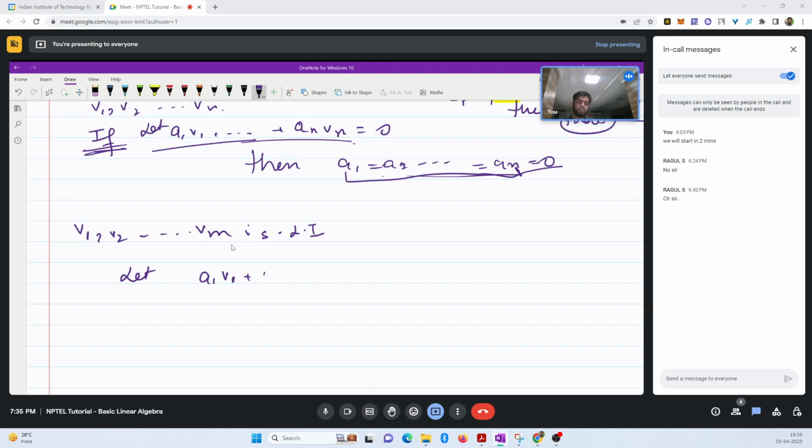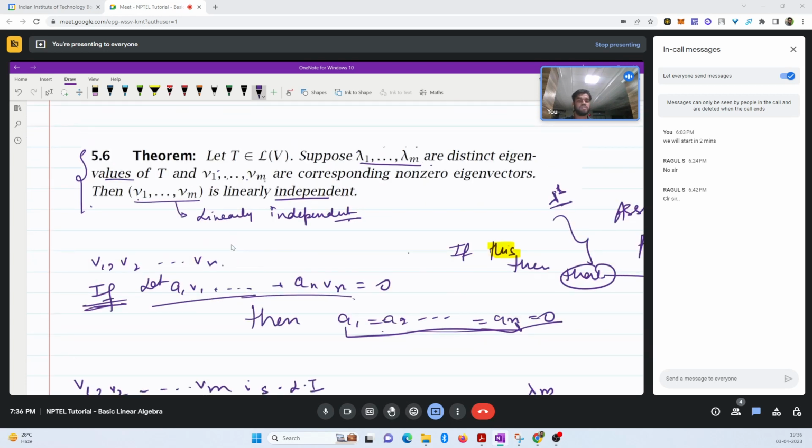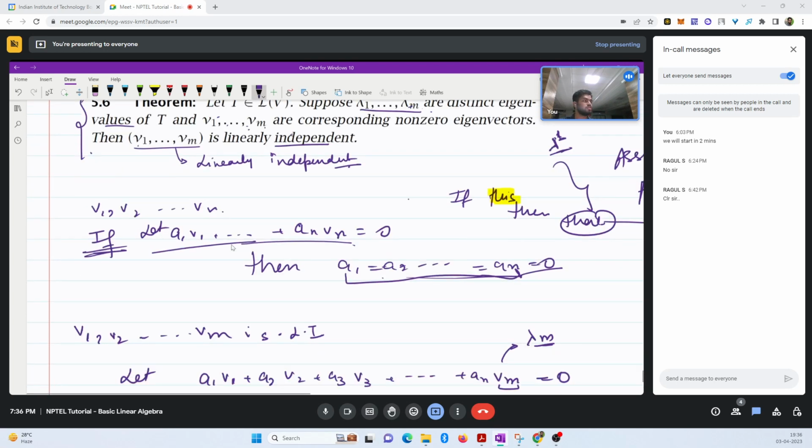a1 v1 plus a2 v2 plus a3 v3 plus ... plus am vm is equal to 0. Now what we can do is, let's say vm is an eigenvector corresponding to lambda m. This is what is mentioned to us.